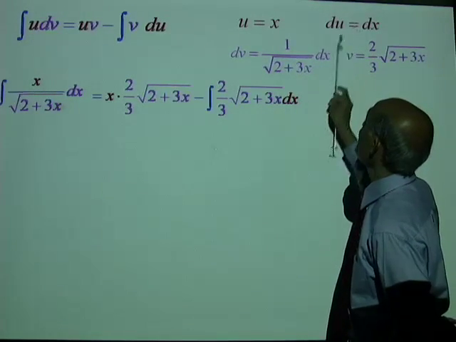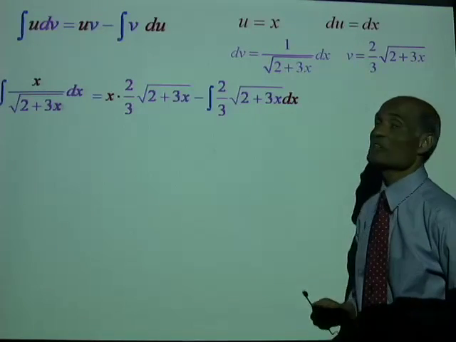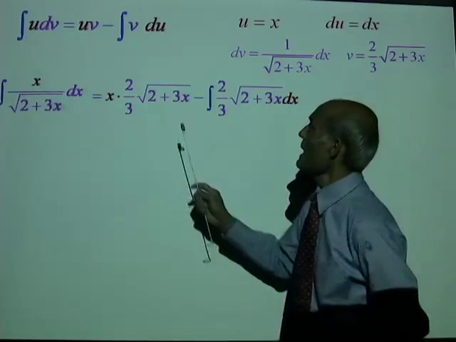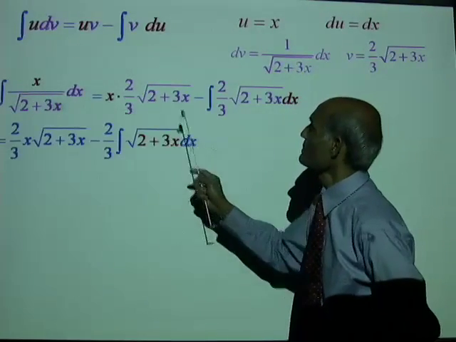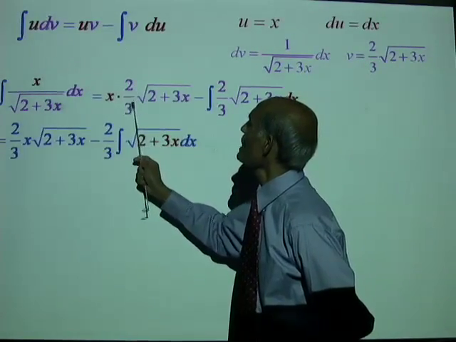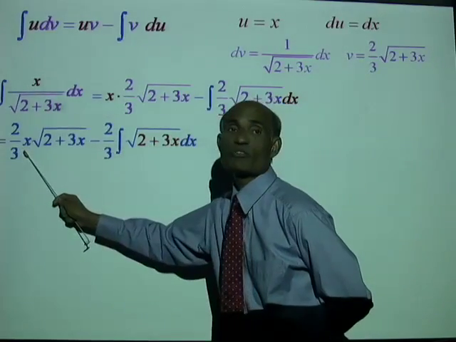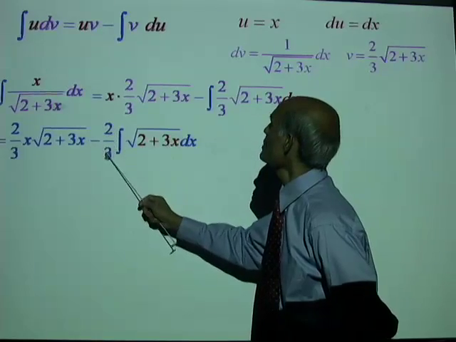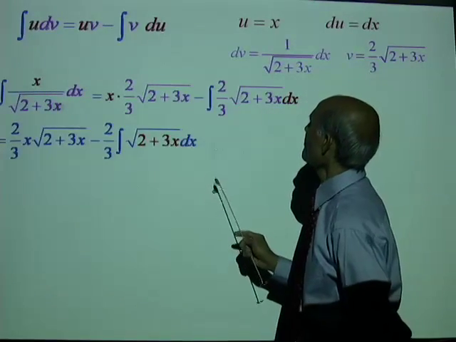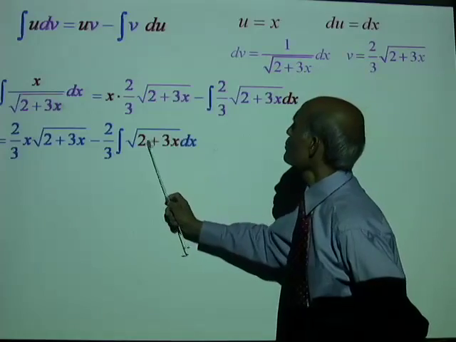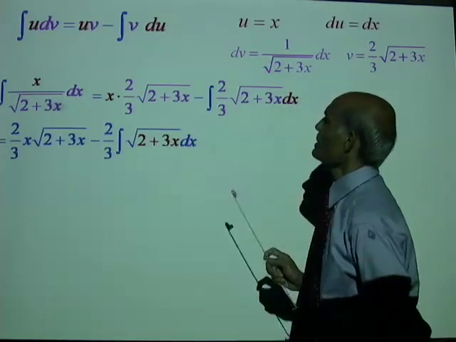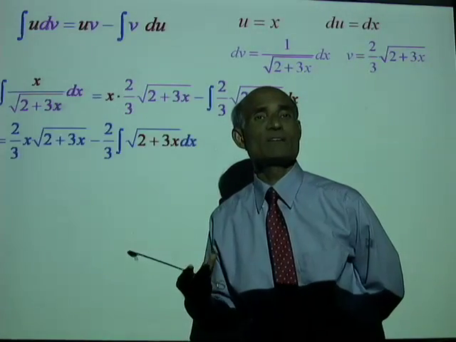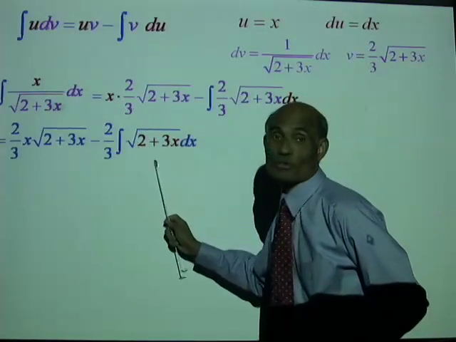Integral v du will be 2/3 square root 2 plus 3x dx. Okay, now that's equal to 2/3 x square root 2 plus 3x minus 2/3 of integral square root 2 plus 3x dx. That can be integrated easily by using a substitution. What is a substitution?